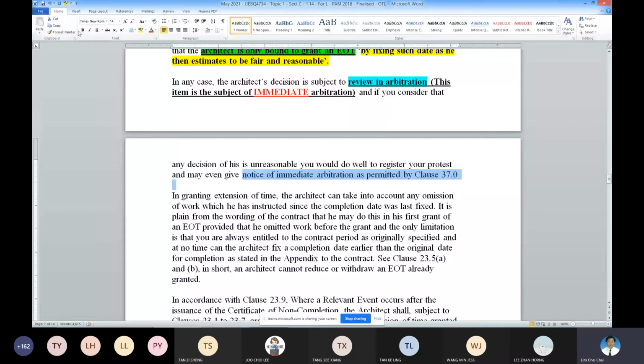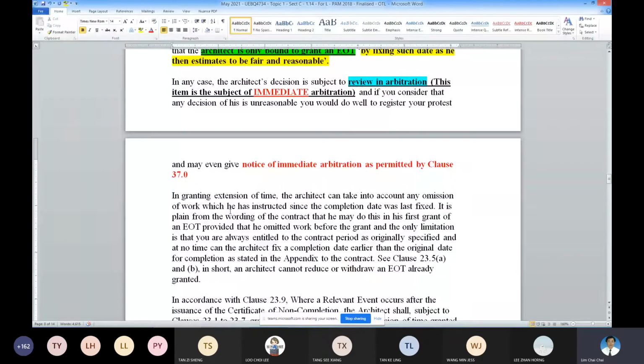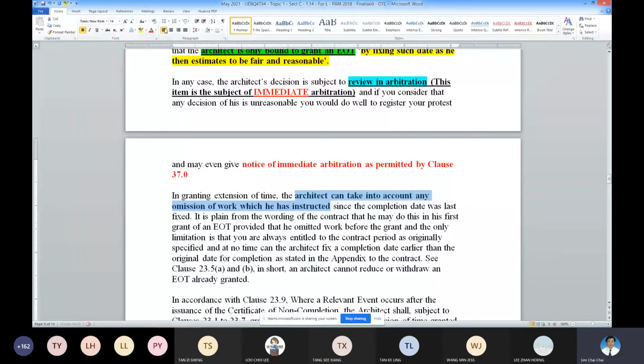So as usual, there's another rule in granting extension of time or whatever. Okay. So architect can take account of omission of the work instructed, because omission means the work is getting less already. So the duration, in common sense, if the work is reduced, then the duration should be reduced.